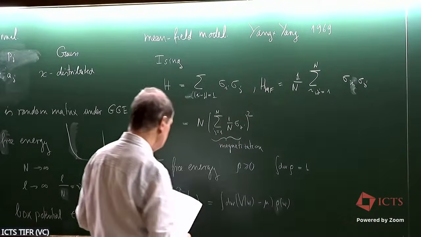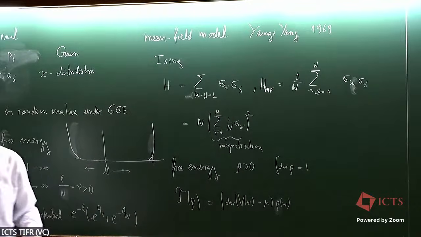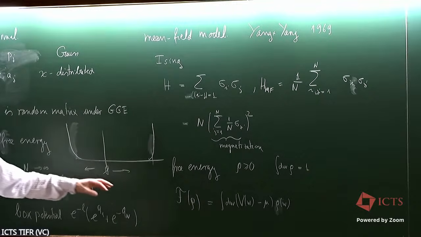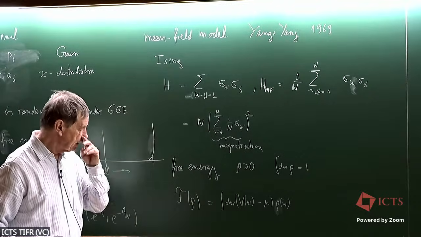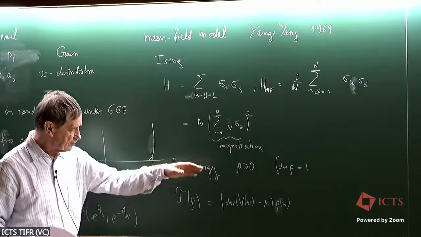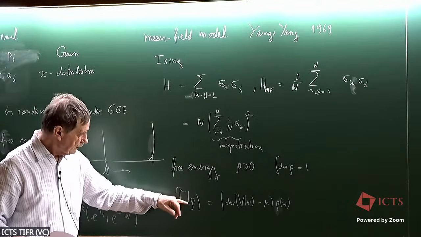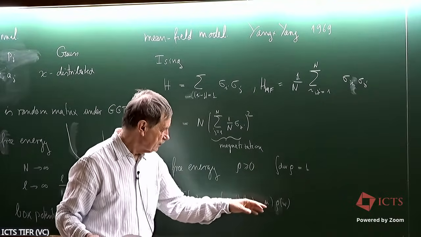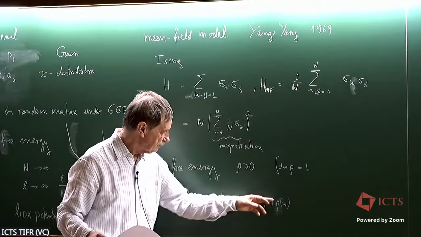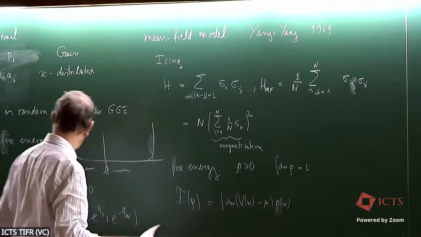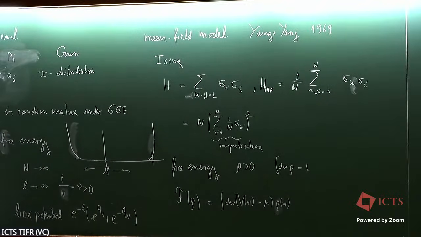Okay, so maybe I should give some sort of hint. The rho of w, you should think of like the distribution of eigenvalues. I will explain this in more detail, but I just want to get this formula here on the blackboard. So this term is somehow the obvious one. Here you have now, instead of the pressure, a chemical potential. And when you look at this formula, you see that it's basically this formula.